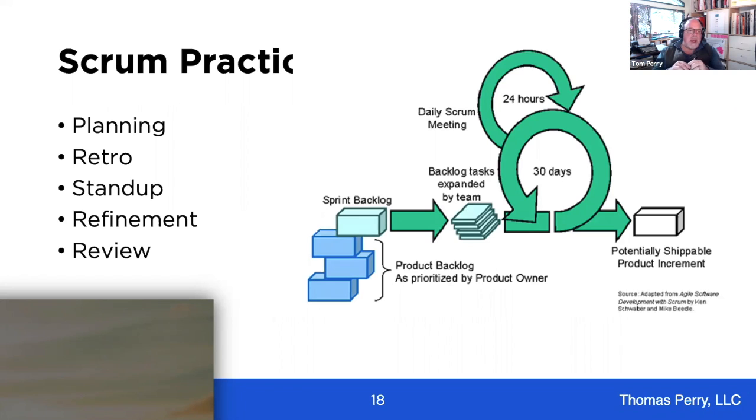If we look at the Scrum practices, whoops, my graphic there is cutting off my title. Planning is certainly a practice that we say is one of the key practices, the 5 key practices in Scrum. There's retrospectives, stand-ups, the refinement meeting, and the review.